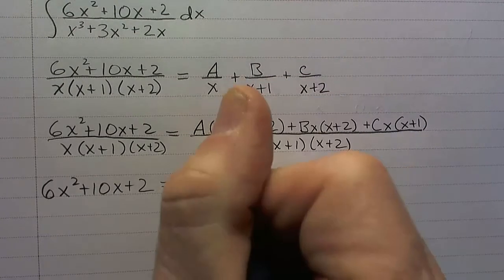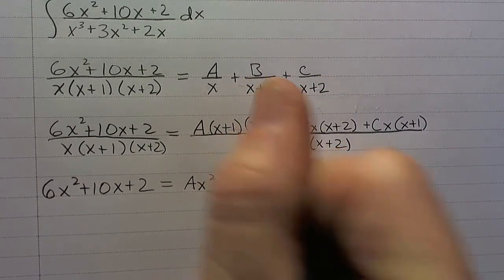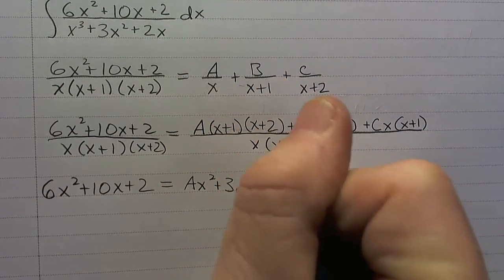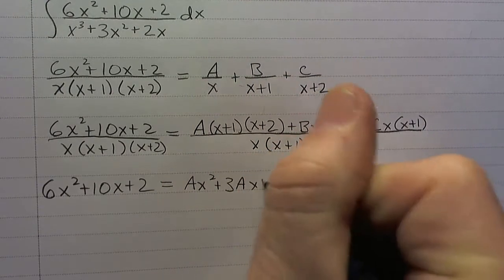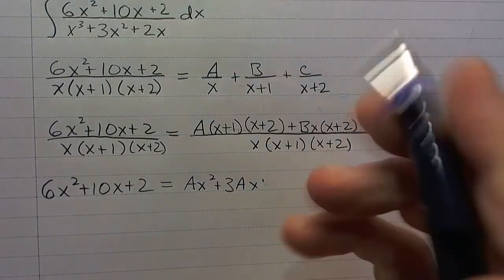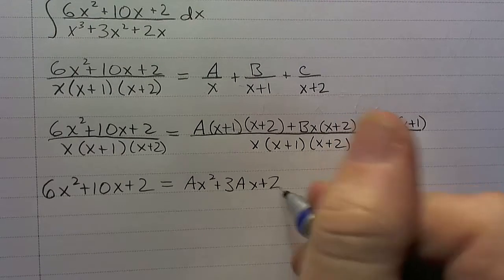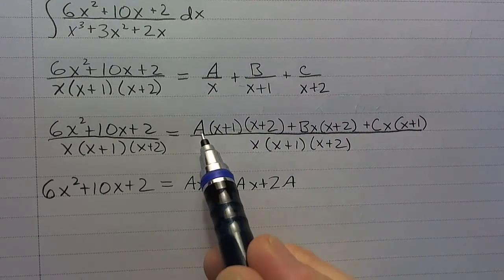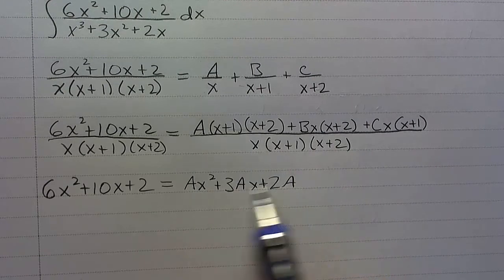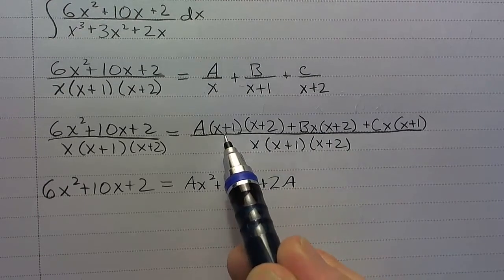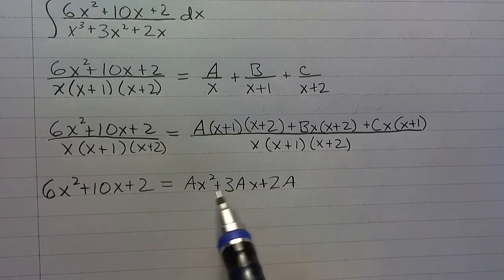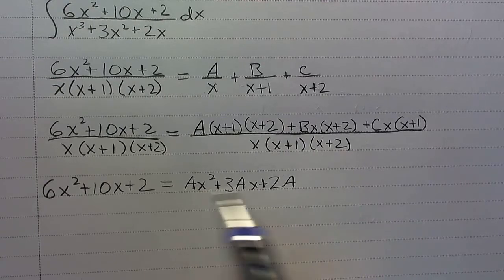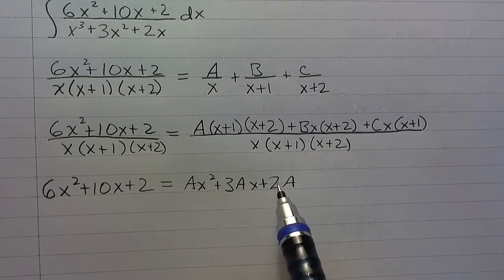So I'm going to get ax squared plus 3ax plus 2a. That's what I got when I multiplied this out and then distributed the a through. See? Because this was x squared plus 3x plus 2. Well, there's ax squared plus 3ax plus 2a.